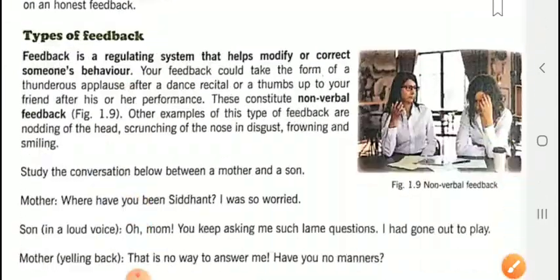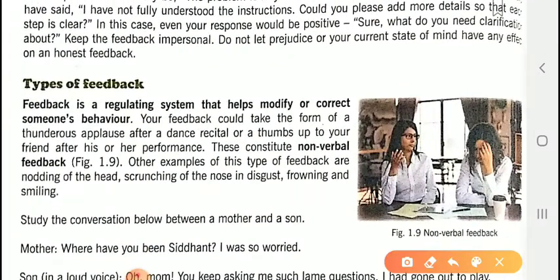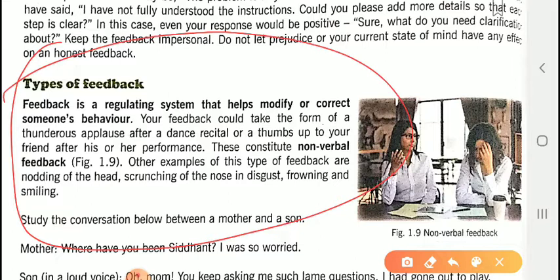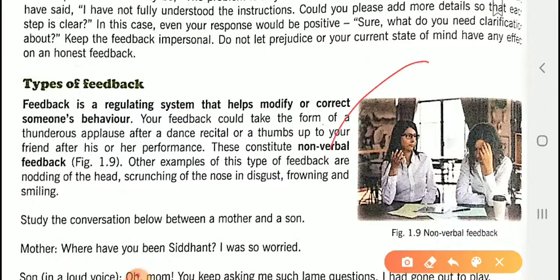Okay, next thing, types of feedback. We have to understand what kinds of feedback are available. Feedback is a regulating system that helps modify or correct someone's behavior. Okay, non-verbal feedback.